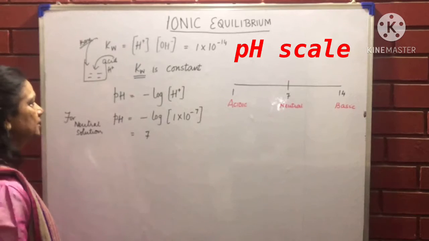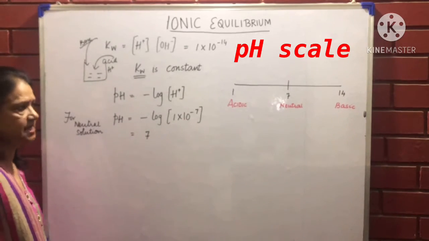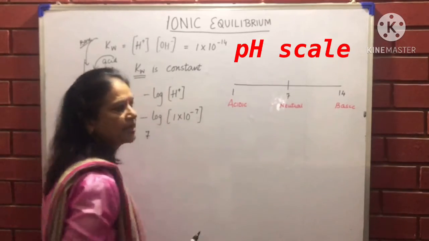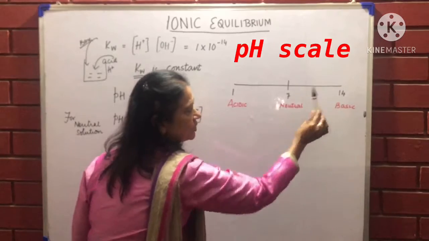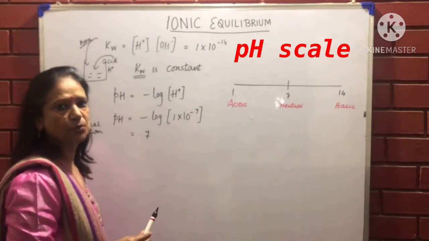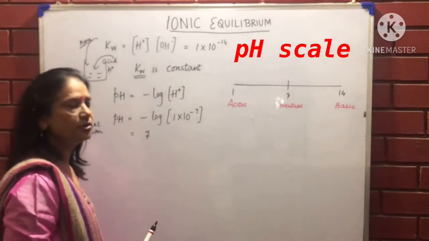power minus 14. You also have learned pH is minus log of H plus ions. On a number line you had learned before, 7 is neutral. As I keep on moving towards 14, it becomes more and more basic. On this side it becomes more and more acidic.